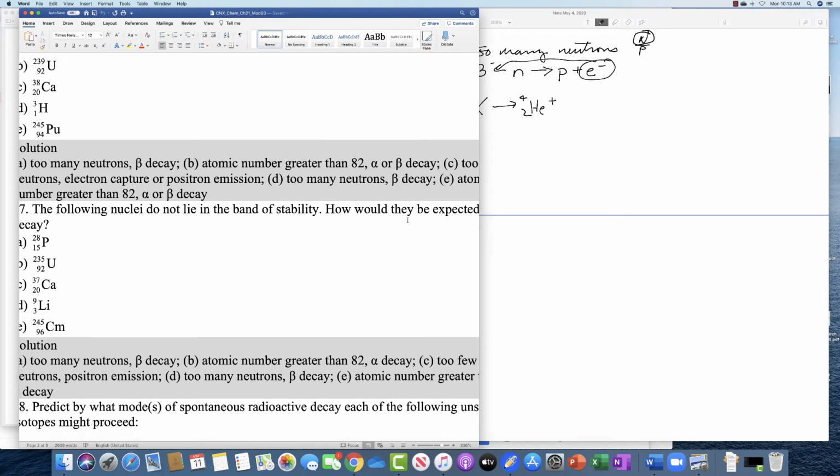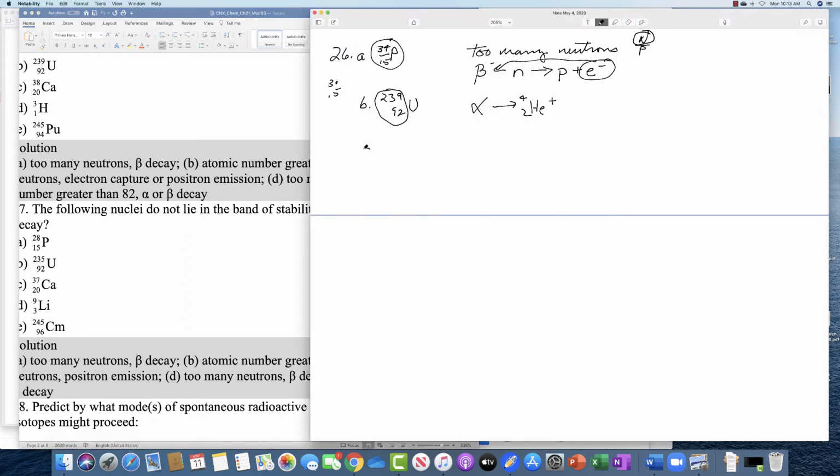Number 3 is 37-20 calcium. Now this one has exactly the opposite problem. You know that calcium is normally 40-20, so instead of too many neutrons, you have too few.